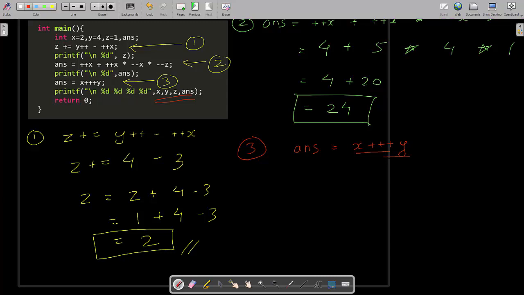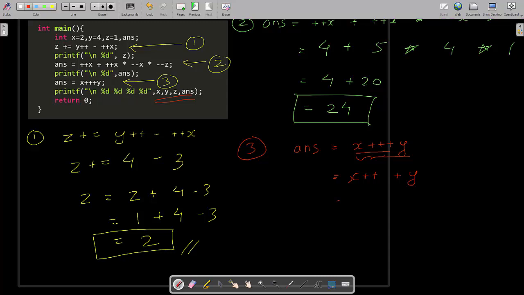In such cases, you should always remember that you should take the two operators that come with the first variable together, like this, and then the remaining operator should be assigned like this.